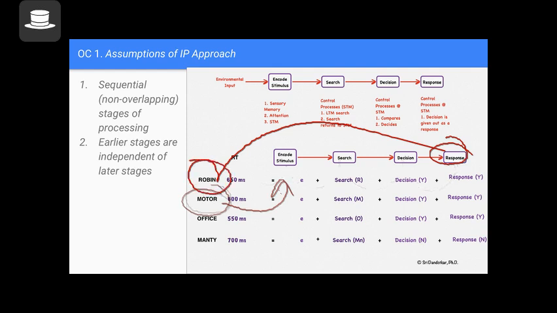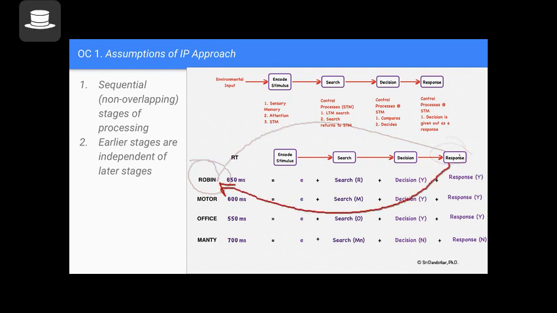That also refers to earlier stages being independent of later stages. In other words, the later stages of one word should not influence the encoding or the earlier stages of the next word. I hope it makes sense. Well, there are problems with these assumptions, and that's what we'll talk about in the next slide.